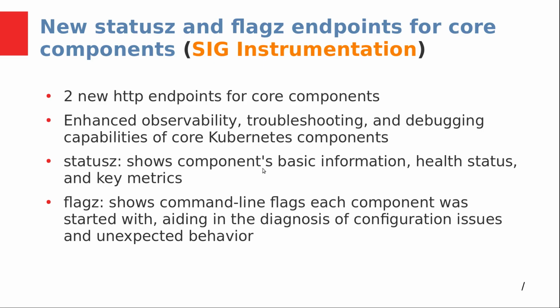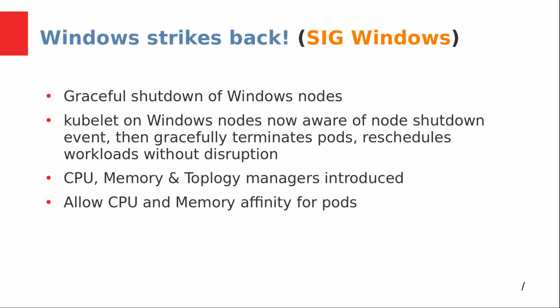Statusz shows components' basic information, health status, and key metrics, and flagz shows the command line flags that the components were started with, which should help with diagnosing configuration issues and unexpected behavior. So debugging, troubleshooting, as mentioned earlier. This came from SIG Instrumentation.